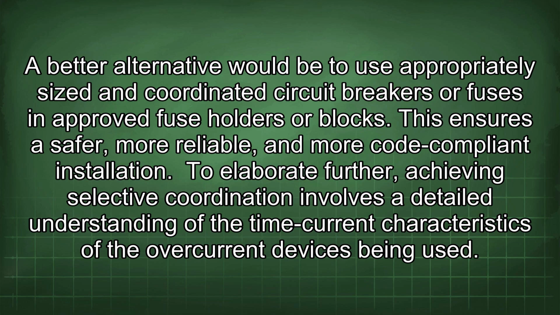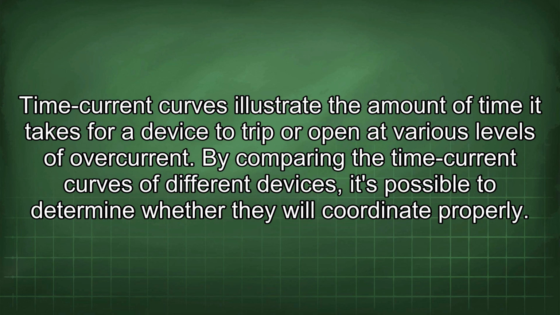achieving selective coordination involves a detailed understanding of the time current characteristics of the overcurrent devices being used. Time current curves illustrate the amount of time it takes for a device to trip or open at various levels of overcurrent. By comparing the time current curves of different devices, it's possible to determine whether they will coordinate properly.